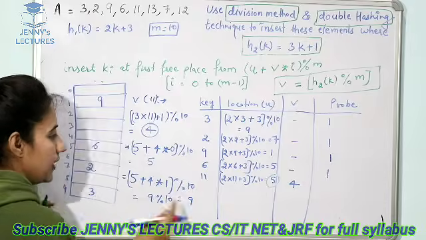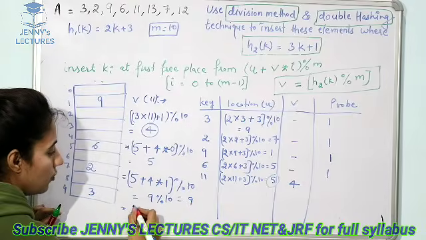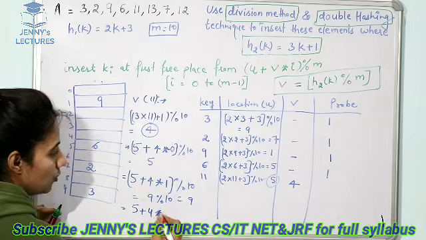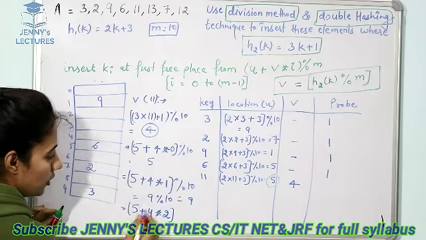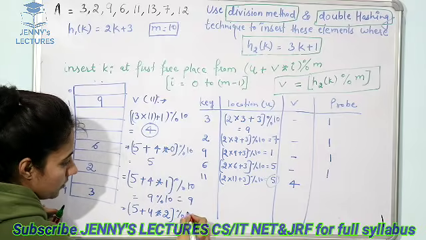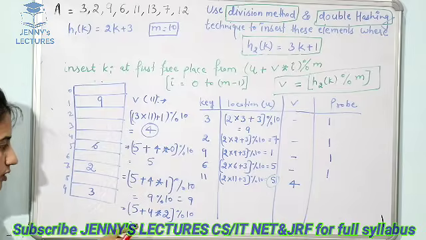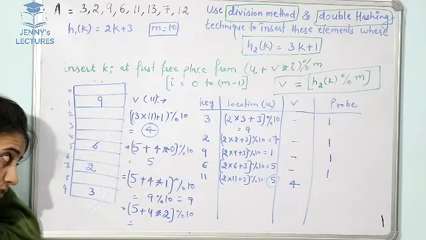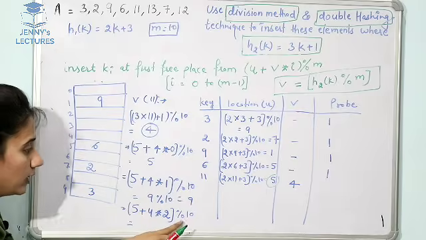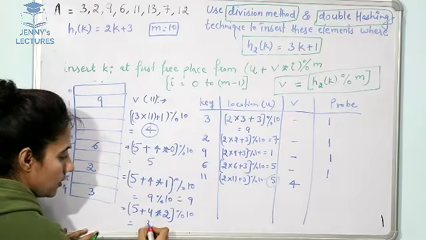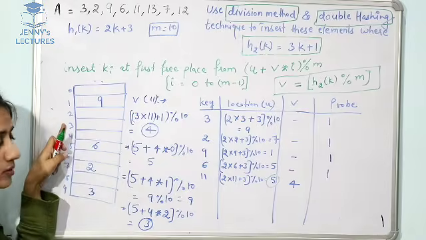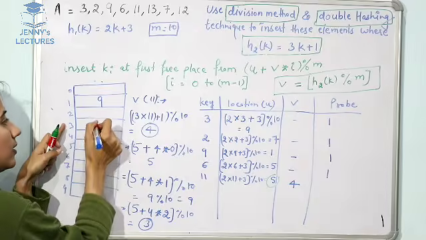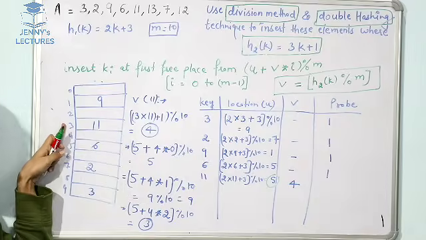Okay, कोई बात नहीं. Next, what is value of i now? Now value of i would be 2 and value of u and v will remain same, mod 10. What is this value? 4 into 2 is 8 and 8 plus 5 is 13. 13 mod 10 is what? I guess 3. Now go to 3rd place. Yes, this location is free. We can insert 11 at this place.